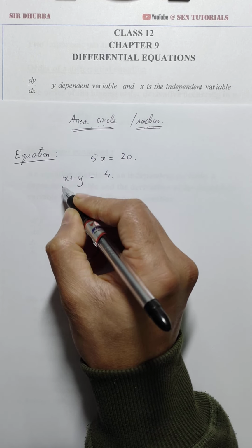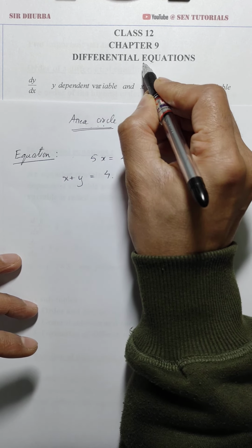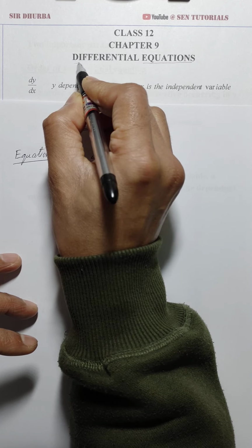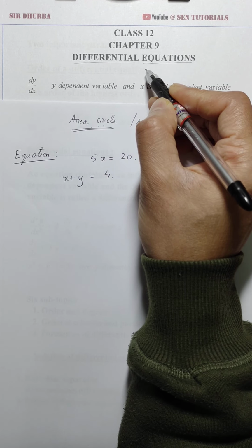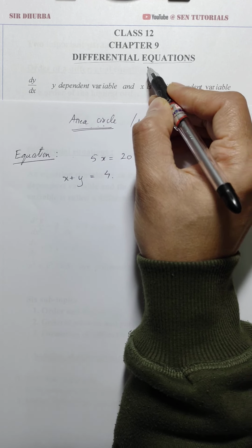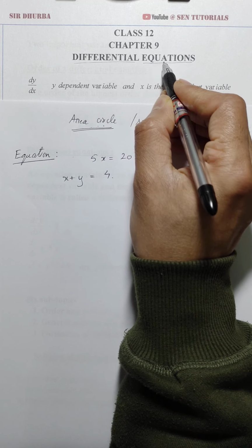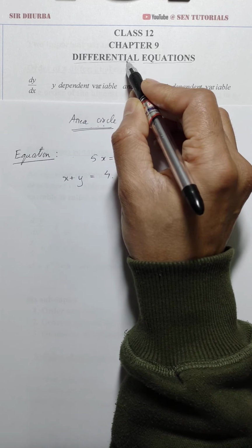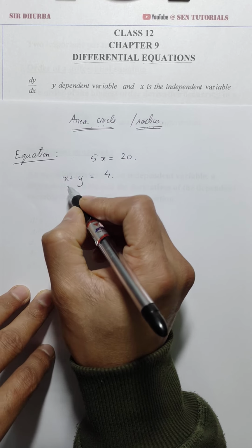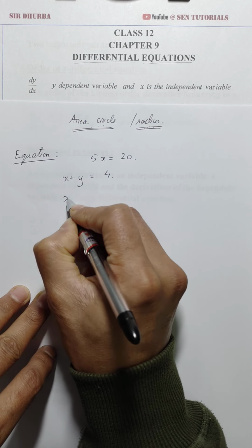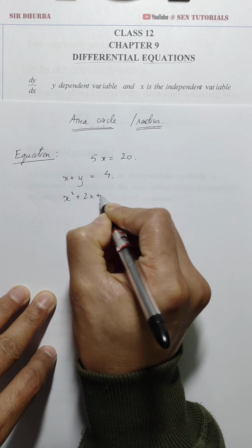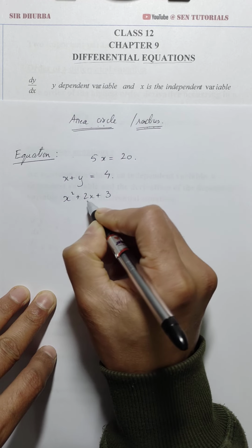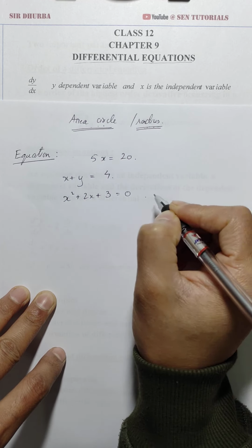Get the feel, because we are talking about equations. What equations? Differential equations. So I think by now you can somehow assume that we are going to be dealing with equations of differentials. Now what are differentials? I'll tell you for those who do not know. And we have also come across quadratic equations, x square plus 2x plus 3 equal to 0.